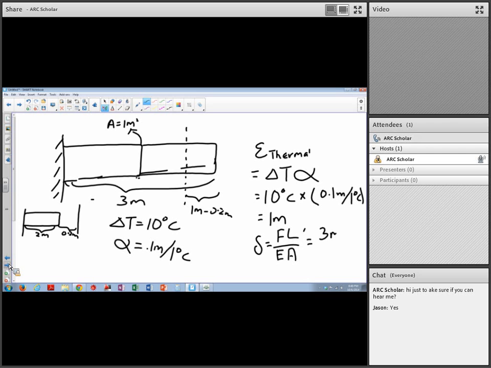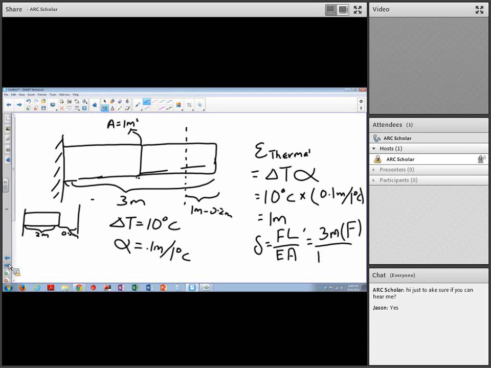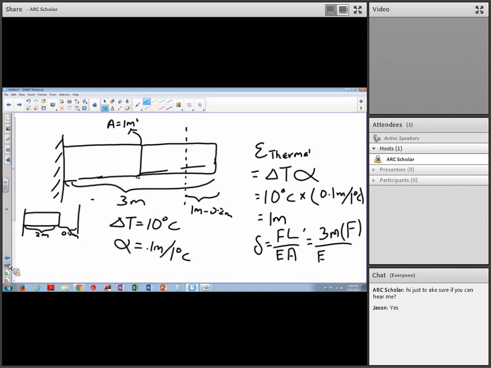This is the L. And the F, you're going to find that. And E is usually given by the question. And A, let's say this is 1 meter squared. And now you are pushing it back for 0.8 meter, right? So the delta here is going to be 0.8.